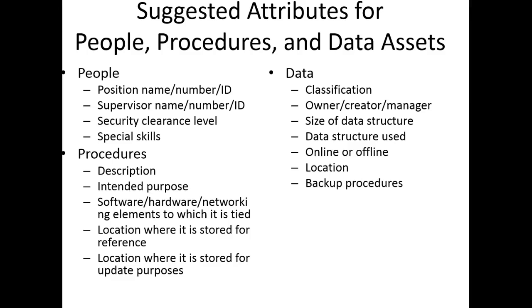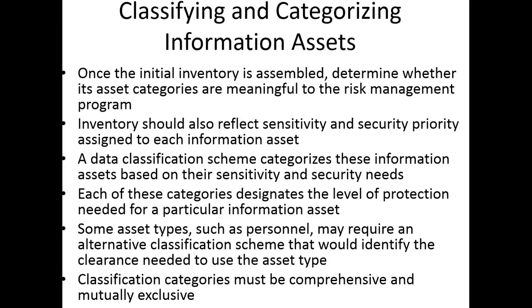For procedures, basically the description, the intended purpose, the software, hardware, and networking elements being used, the location where the procedure documents are stored, and the location where the documents are stored for update purposes. In terms of data, classification, ownership, size of the data structure, the data structure being used, sequential or relational, online or offline, the location, and some backup procedures.